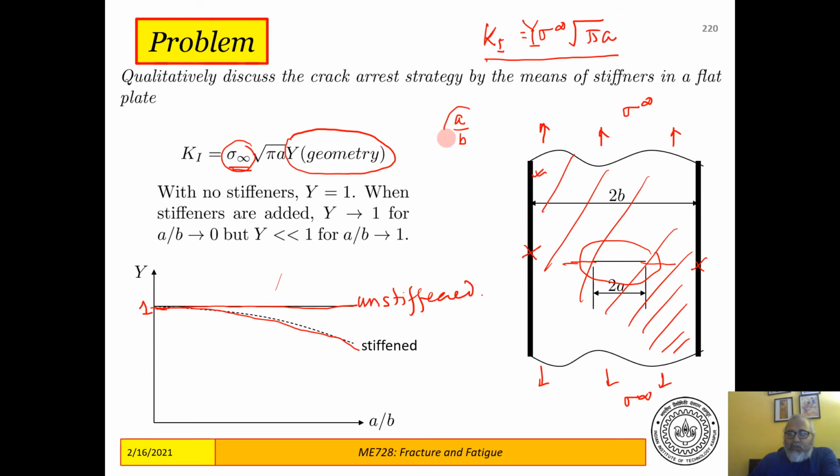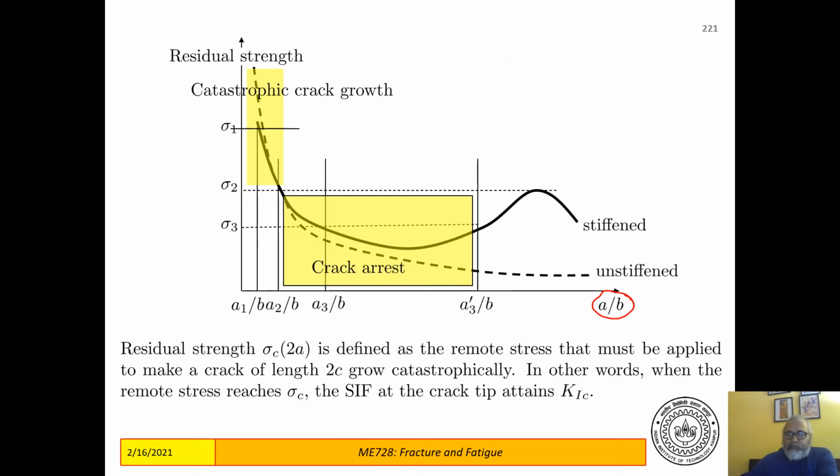So for a given value of a by b, the sigma infinity that you need in order for K1 to attain the fracture toughness of the material is the residual strength of the material. Obviously, as you increase a by b, the residual strength keeps on dropping because you have a longer and longer crack, and your K1 reaches K1C easily. So for an unstiffened plate, the residual strength drops like this with a by b.